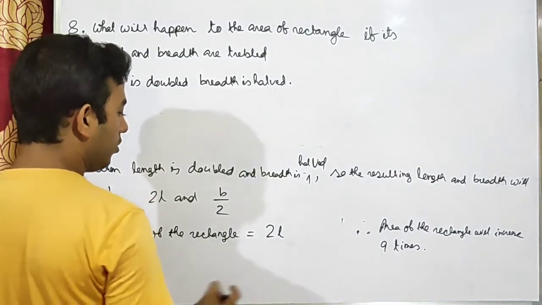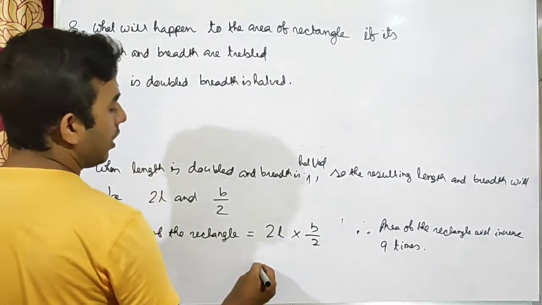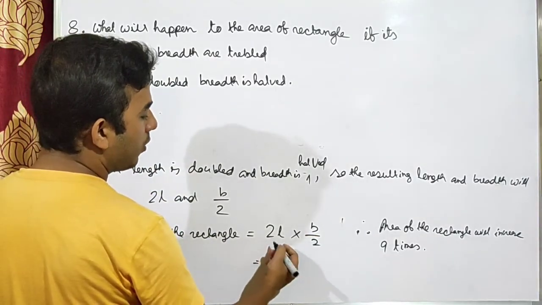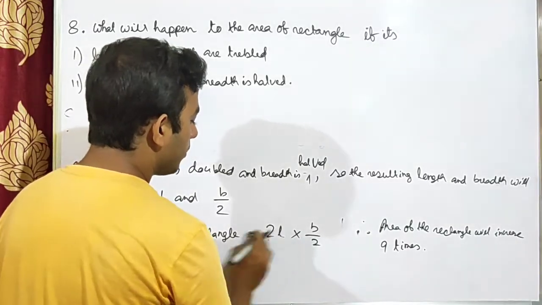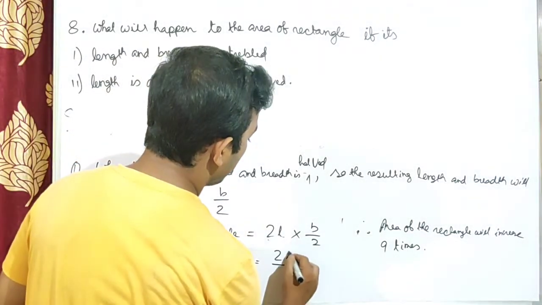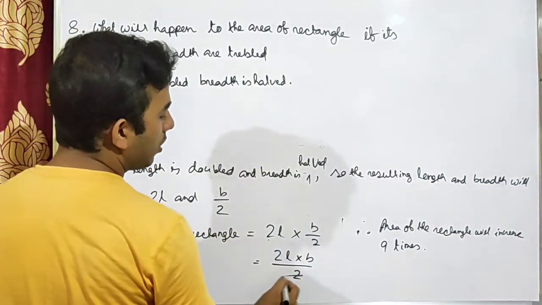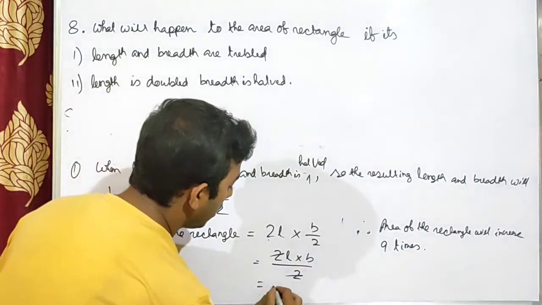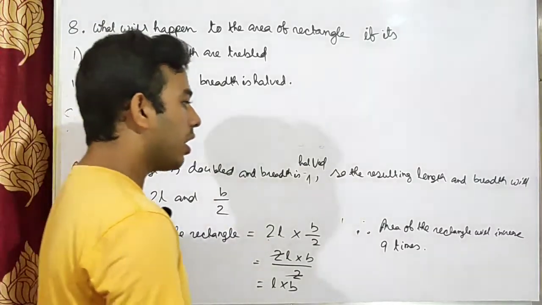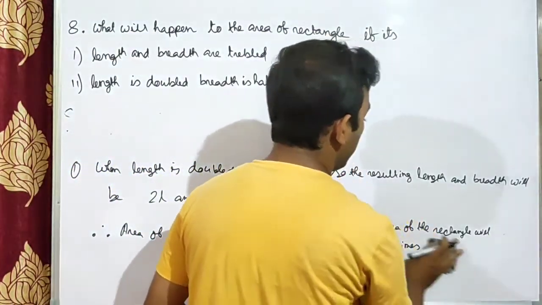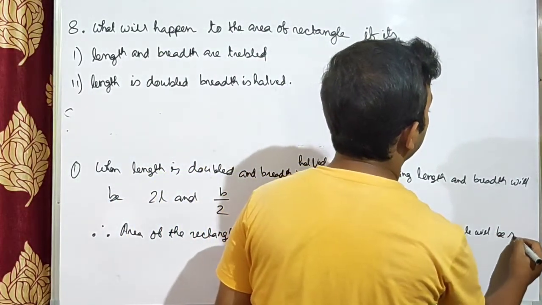So the area will be 2L into B by 2. Clear? Now numerator into numerator, 2L into B by 2. Now look, the 2 cancels, it will be L into B. Therefore the area of the rectangle will be the same.